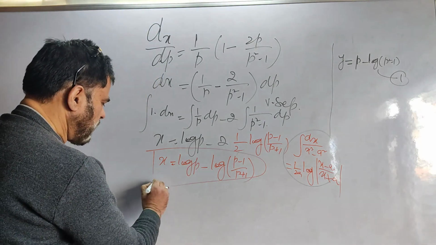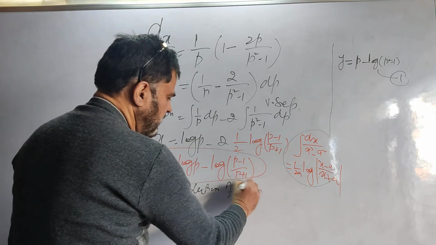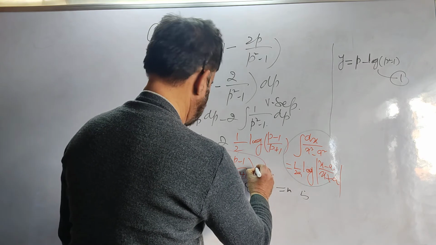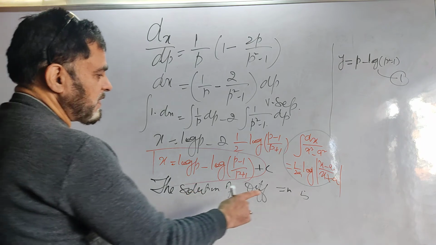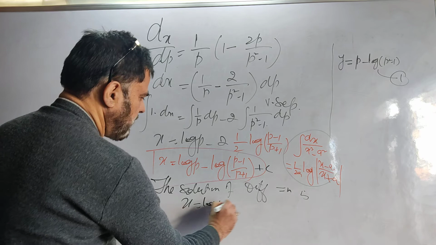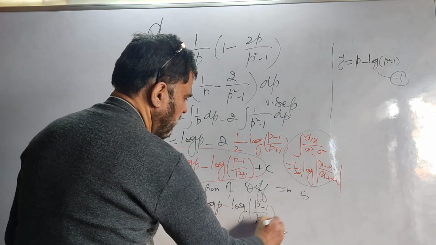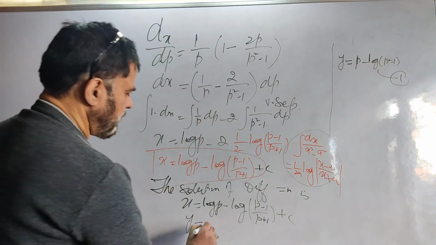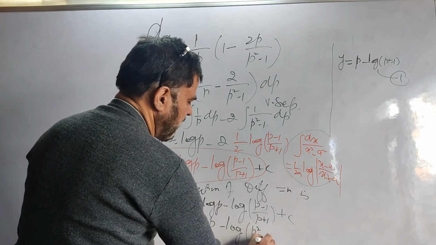You will write the solution of the differential equation with a constant c. c is a must. x is equal to log p minus log of p minus 1 by p plus 1 plus c, and y is equal to p minus log of p square minus 1.